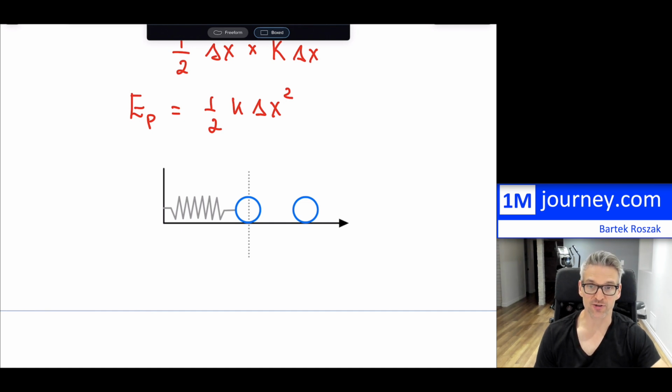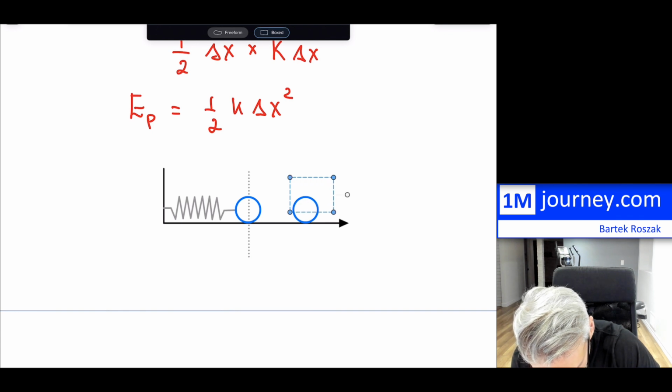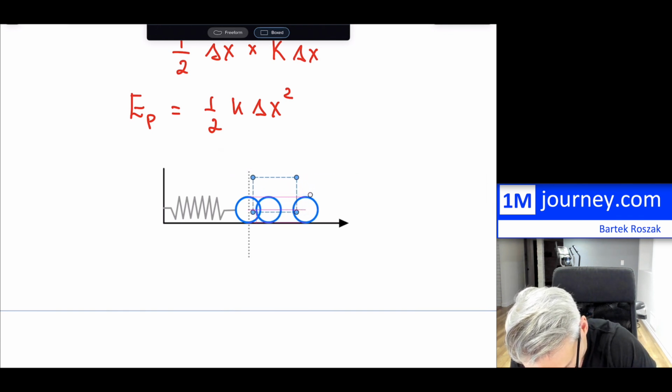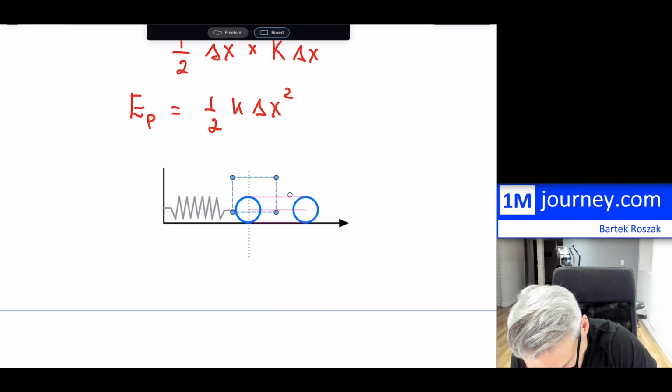That kinetic energy is going to move it so far, and then it's going to start to release and go back all the way, and then it will pass this point and continue, because at this point there is no more elastic potential energy.